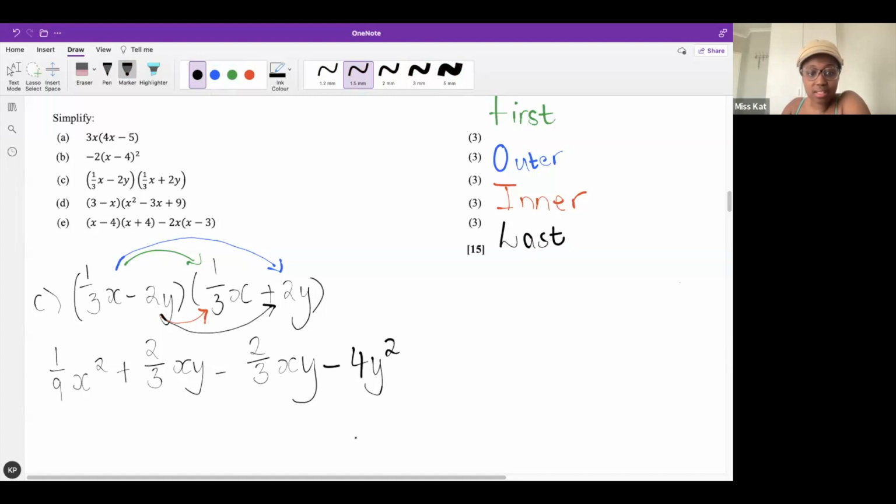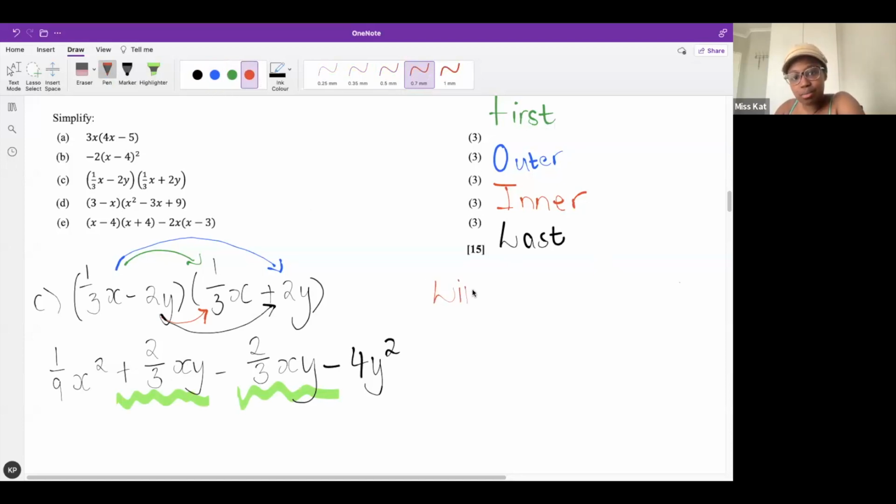Can we simplify what I've just written? Yes, we can, by adding like terms. My like terms are these two in the middle. Remember, like terms are terms that have the same variable and exponents. So I should write it somewhere probably. Like terms.